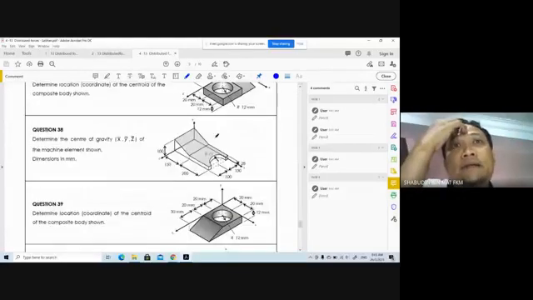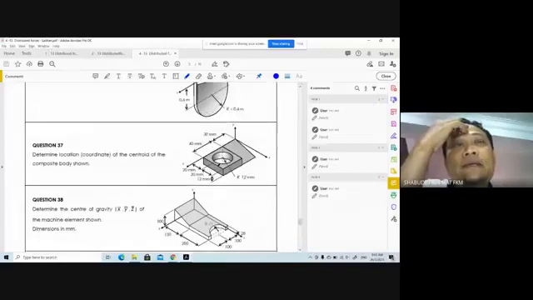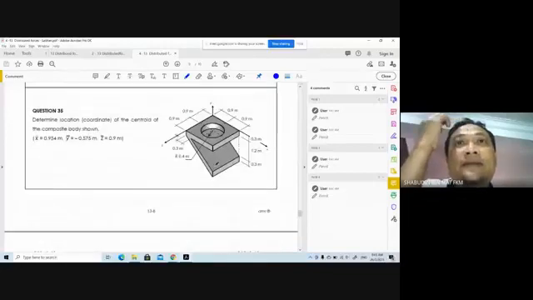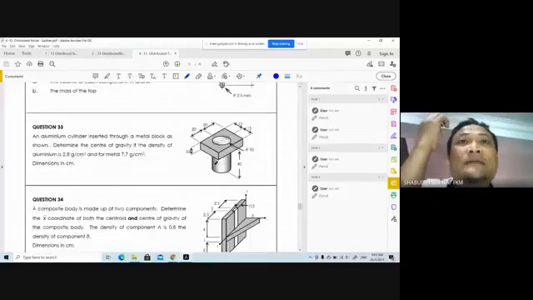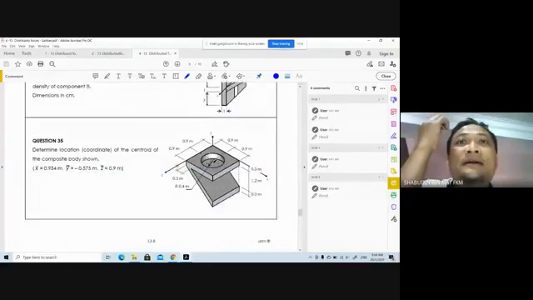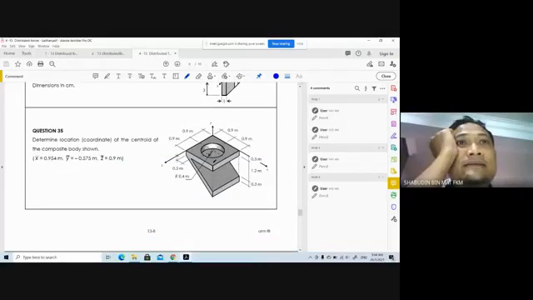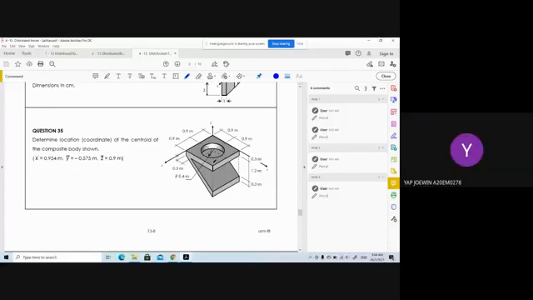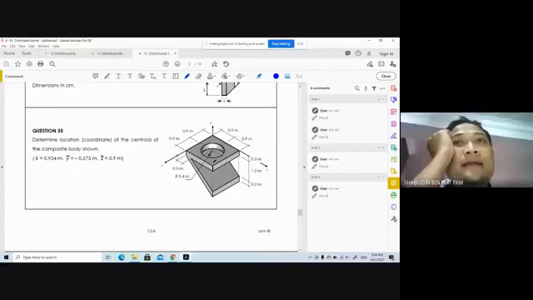Try all this, okay? Let me go one by one here. I'm checking your understanding here. Question 35? Can someone tell me the object is symmetrical to which axis?